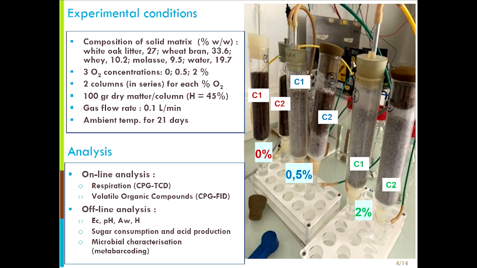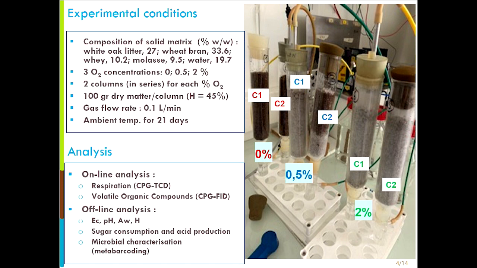The columns were filled with 100 grams of dry matter with an initial moisture of 35% and a gas flow rate of 0.1 liter per minute. Temperature is not controlled, it's lab temperature, and culture lasted 21 days.